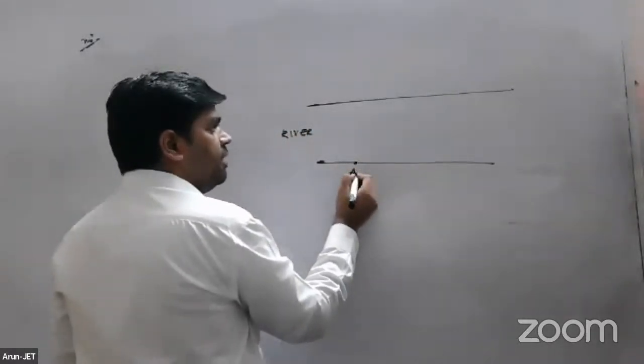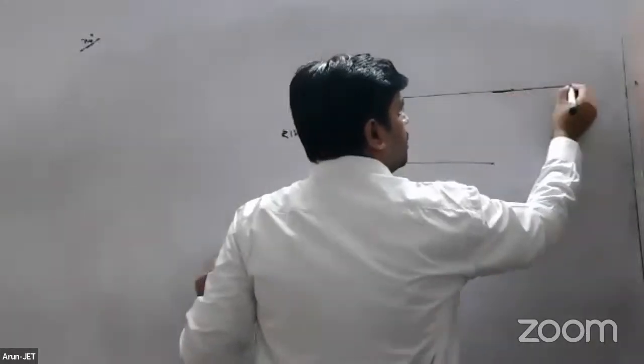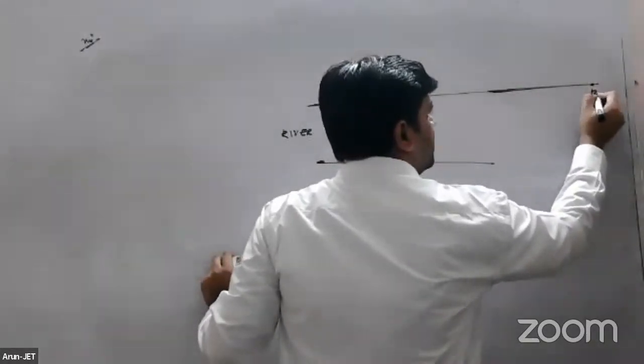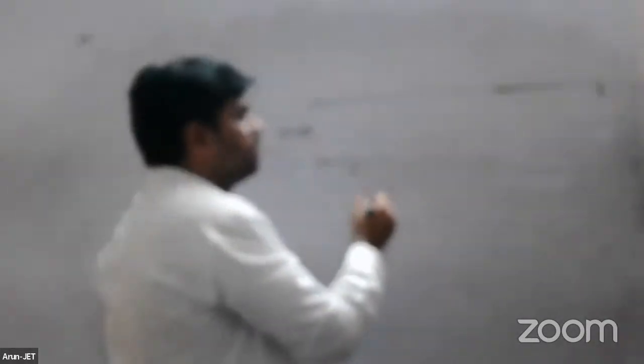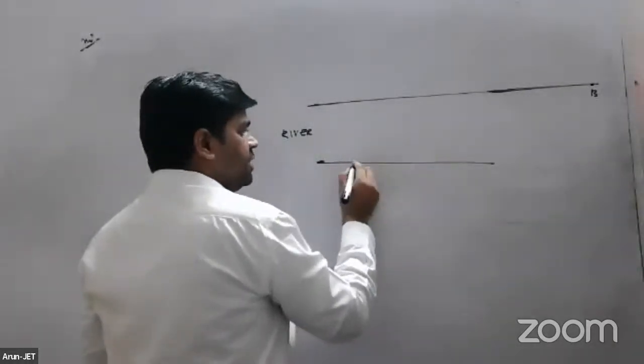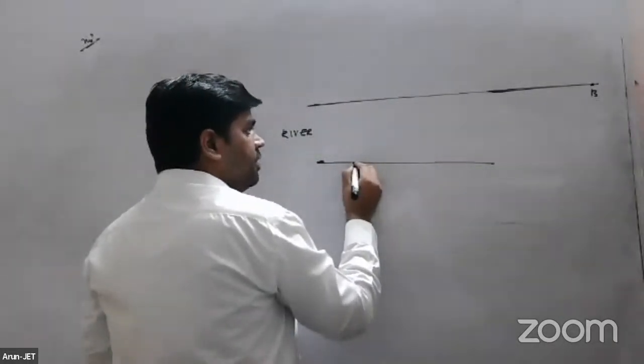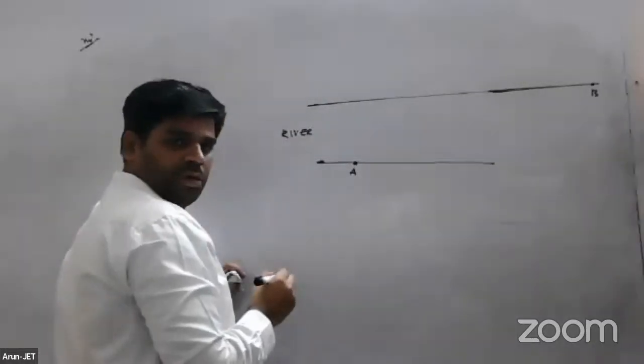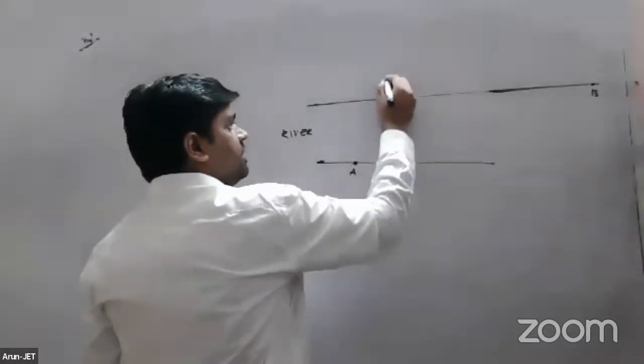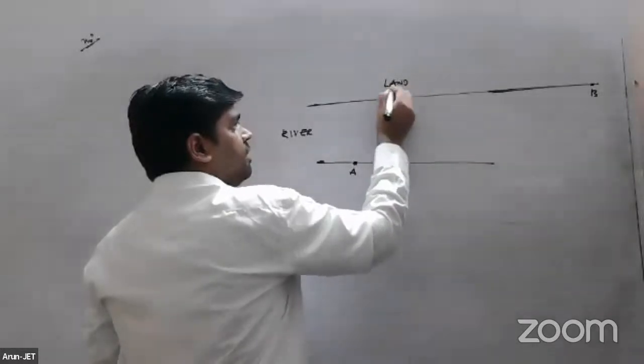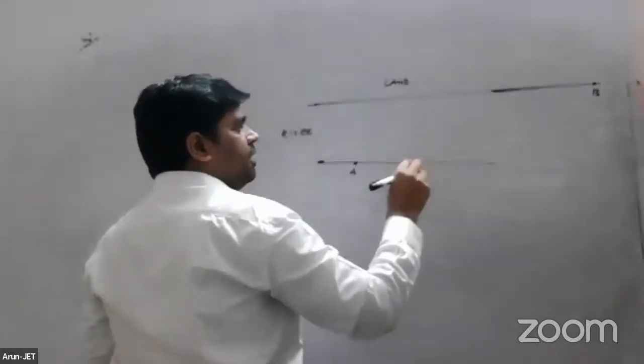This is a point A here and a point B here. This person can swim or take a boat to cross the river. And once he crosses this river, this is land. He will start running towards B.